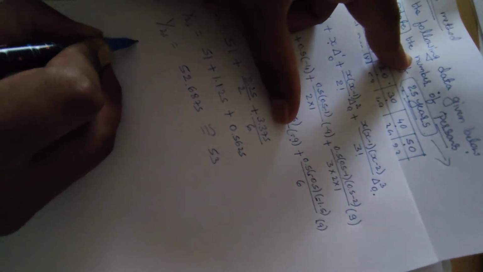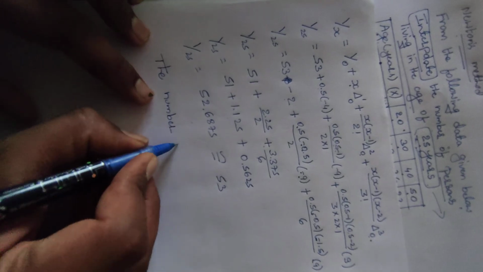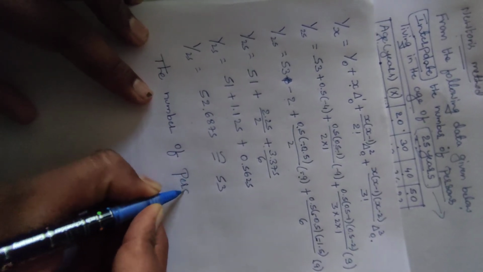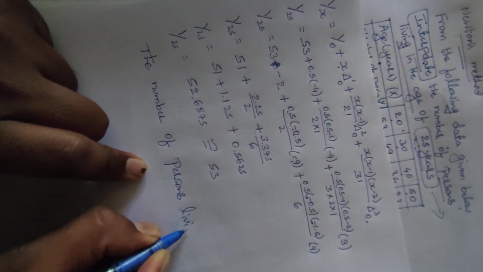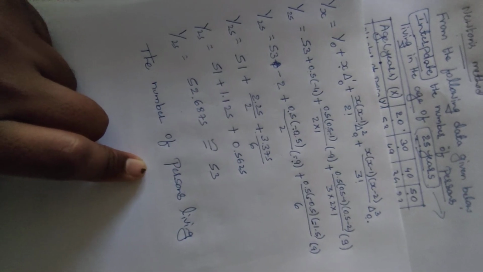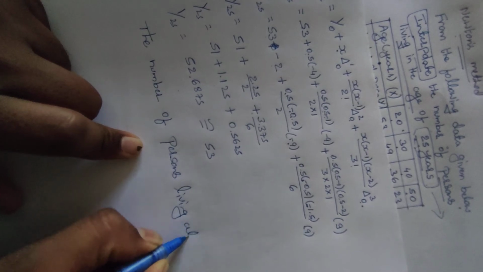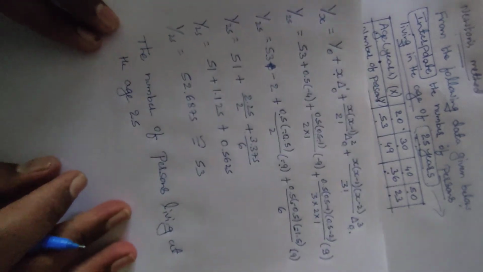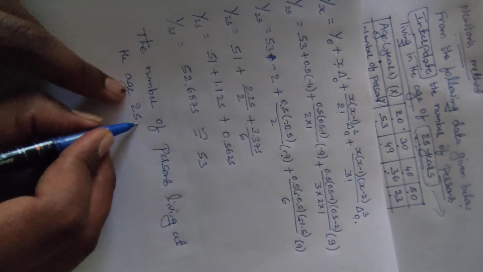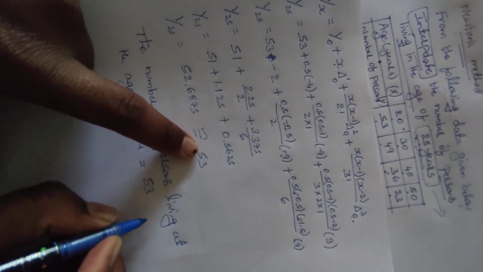So we should give a conclusion: the number of persons living at the age of 25 years is how much? We will get 53 persons.